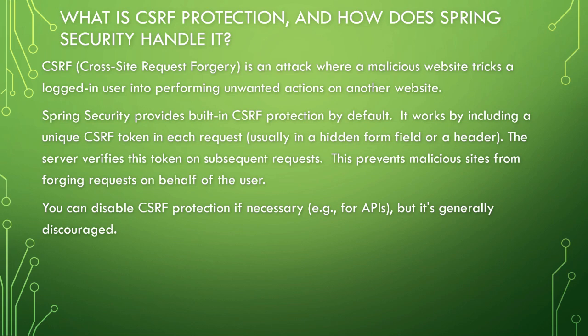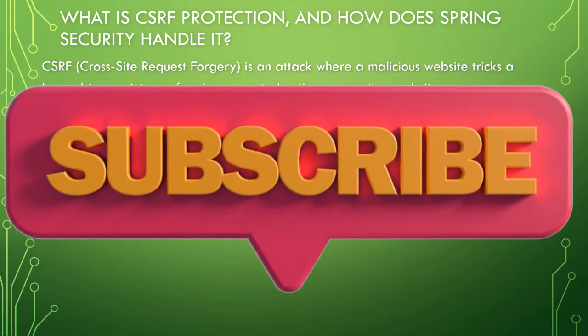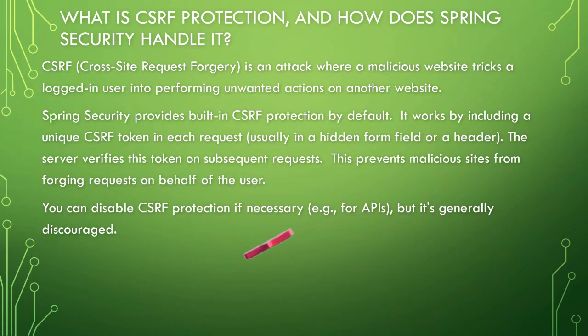Now what happens is that the server verifies the token received in the subsequent request against what it issued. This will prevent malicious sites from forging that request on behalf of genuine users, right? So it will only allow the genuine user, because this particular token is only issued to them, right?